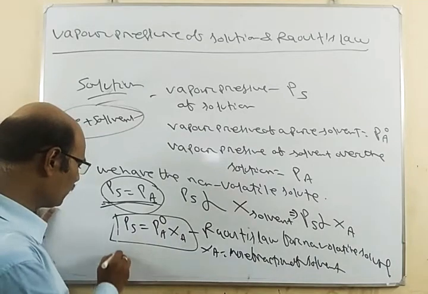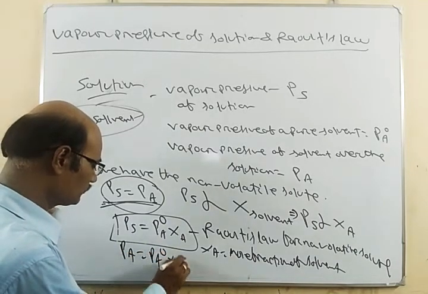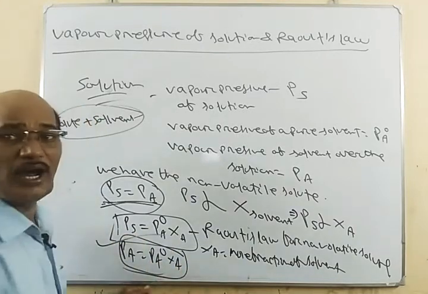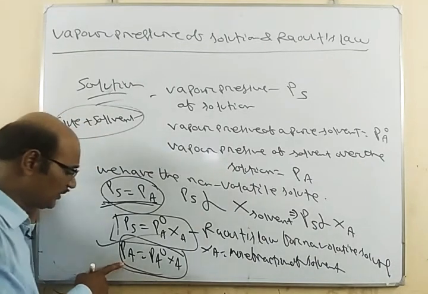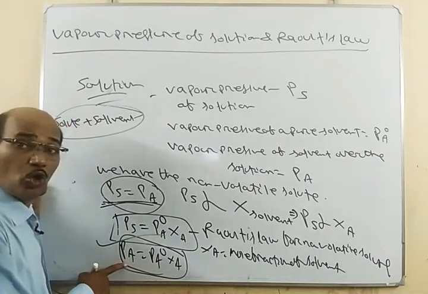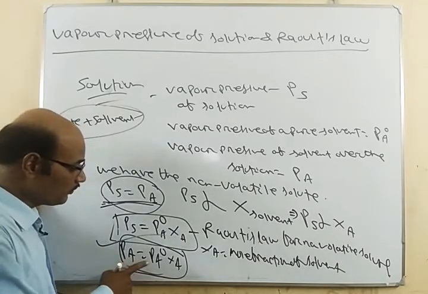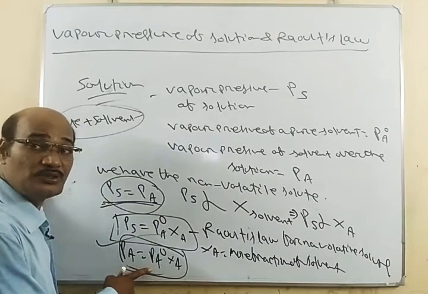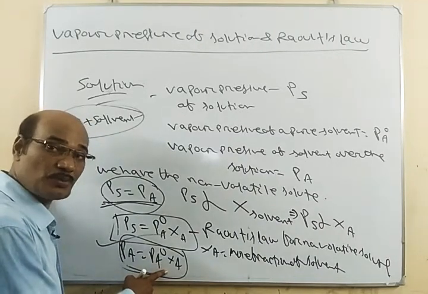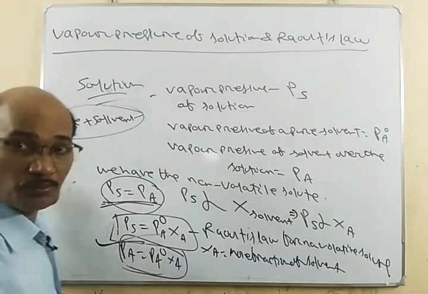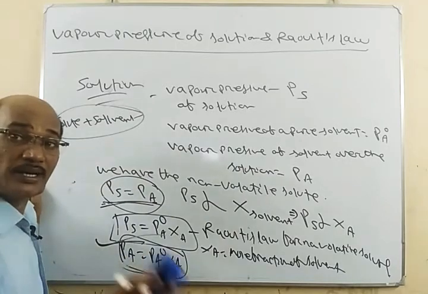Or also I can write PA is equal to PA naught XA, where PA is the vapor pressure of the solvent over the solution containing a non-volatile solute, PA naught is the vapor pressure of the pure solvent, and XA is the mole fraction of the solvent. So this is called Raoult's law for the vapor pressure of a solution containing a non-volatile solute.